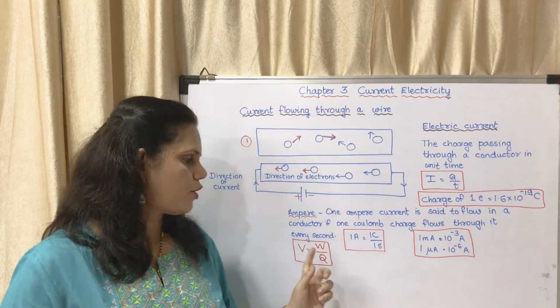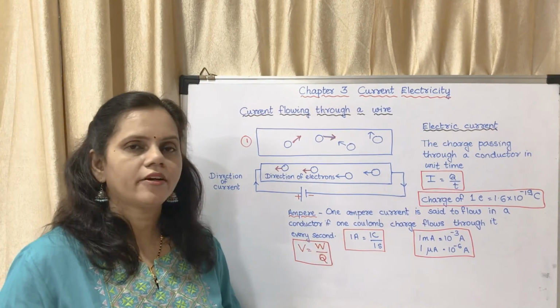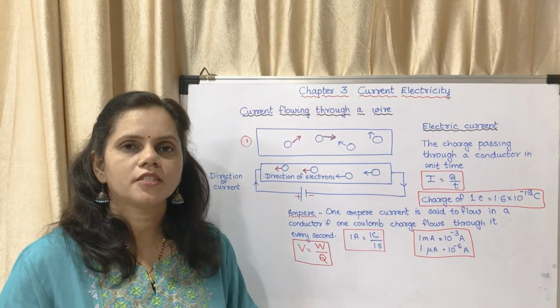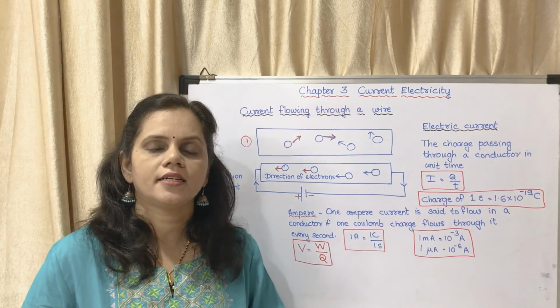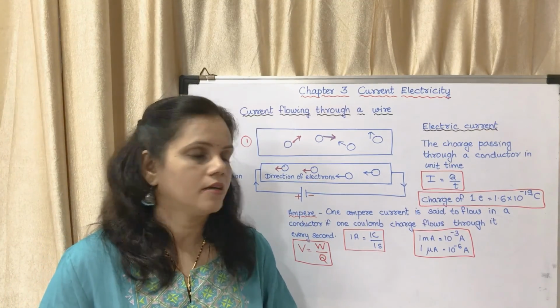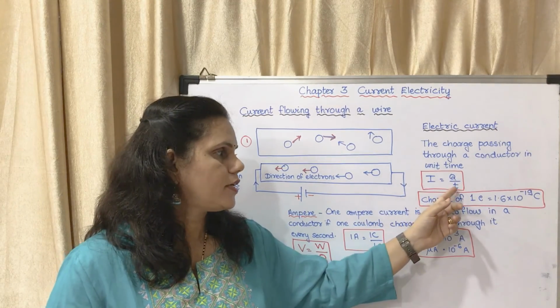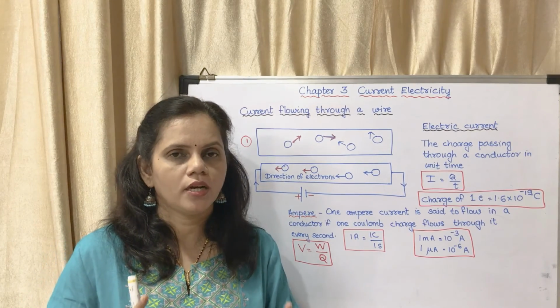What is the unit of potential difference? It is volt. What is the unit of work done? It is joule. What is the unit of charge? It is coulomb. What is the unit of I, that is current? It is ampere. What is the unit of Q? It is coulomb. What is the unit of T? It is second. This much you have to learn today.